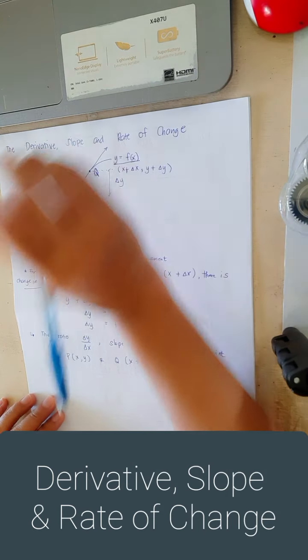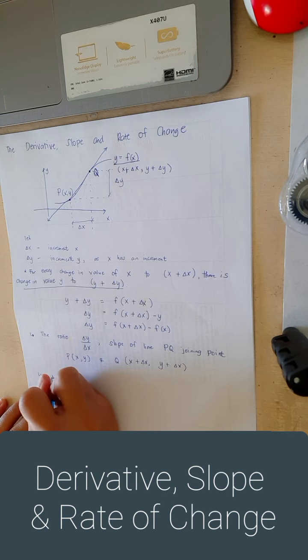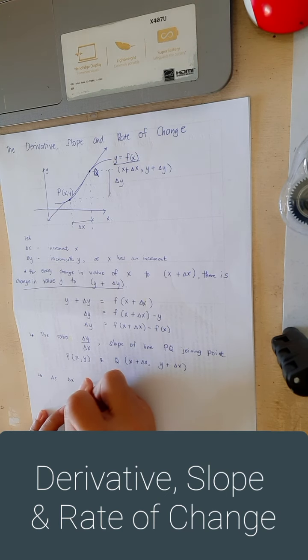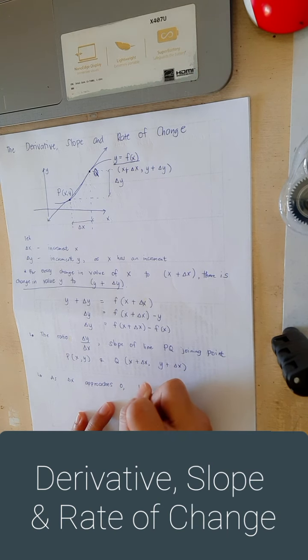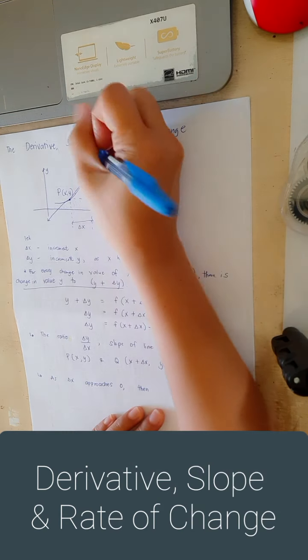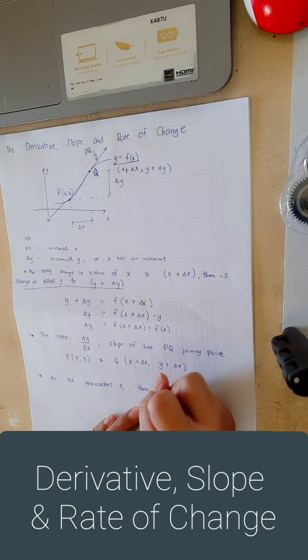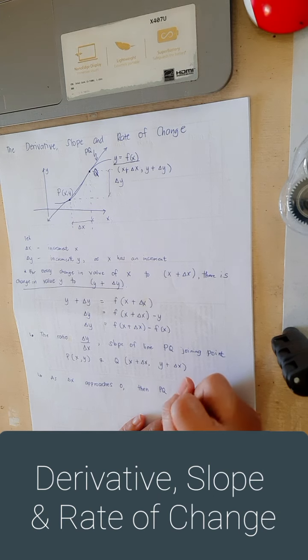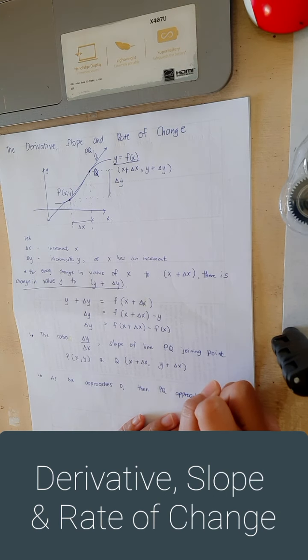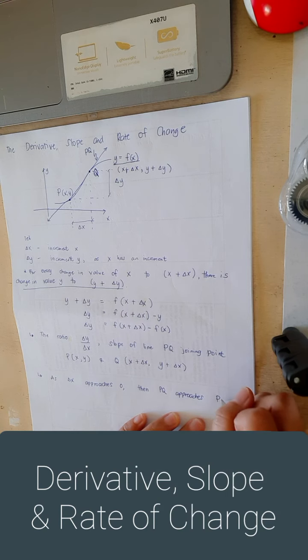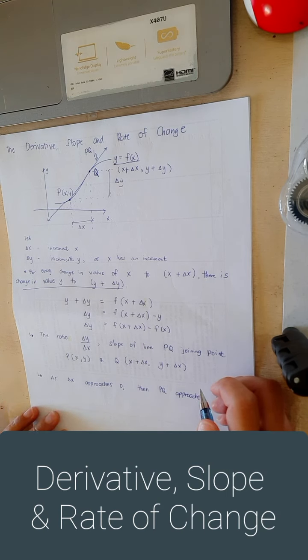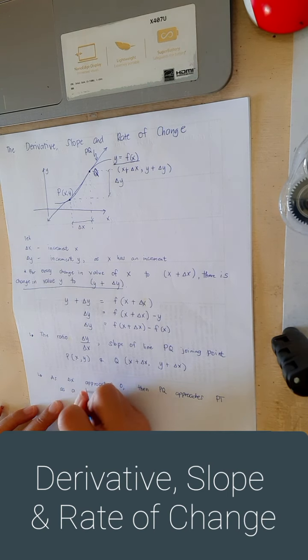And then, if we are going to observe, as the delta x approaches 0, this line PQ here will approach a certain line PT as a limiting position.